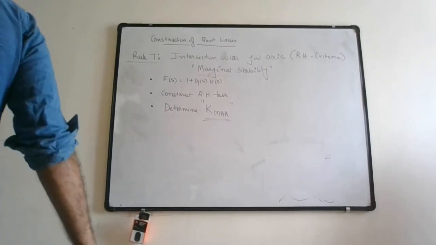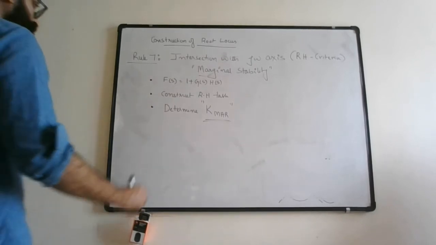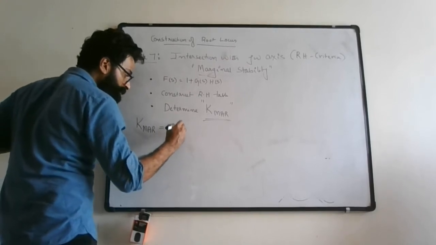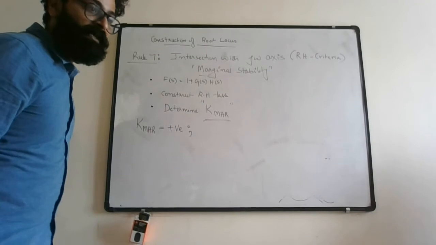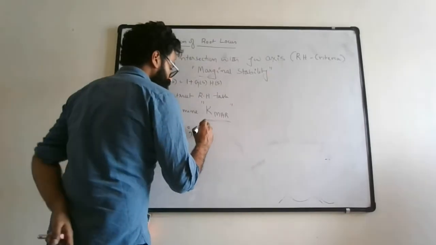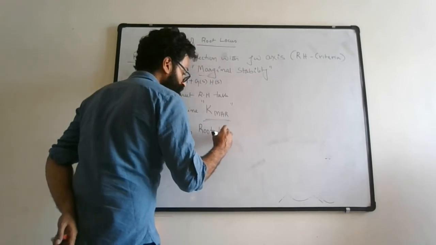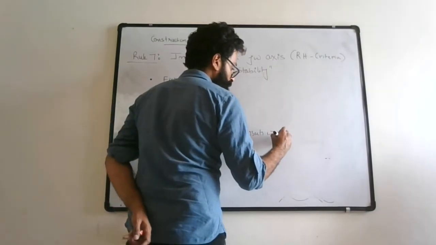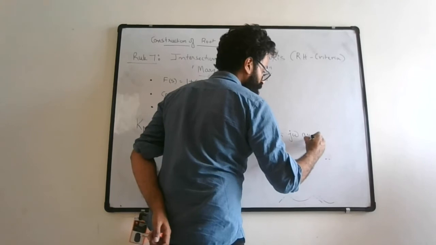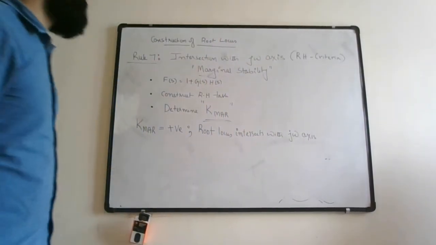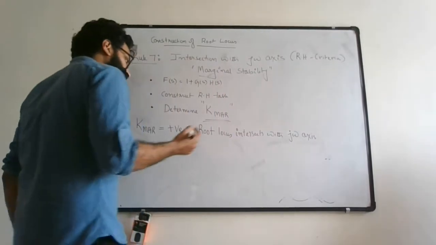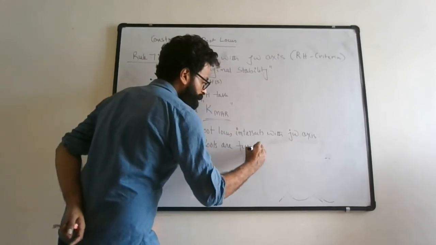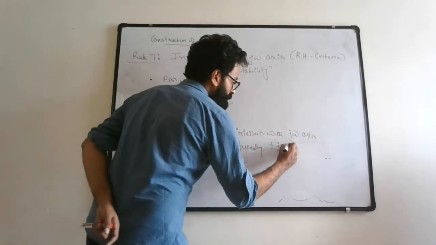Once you get K marginal, if K marginal is a positive real number, you can say that the root locus intersects the j omega axis, and the roots are typically plus or minus j omega.